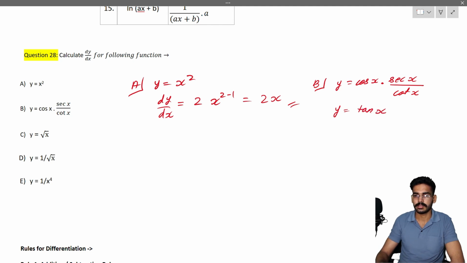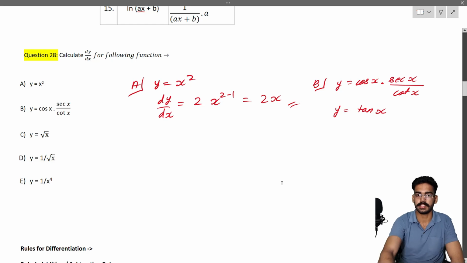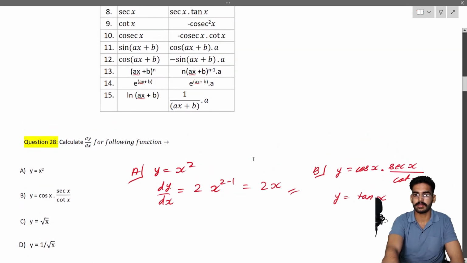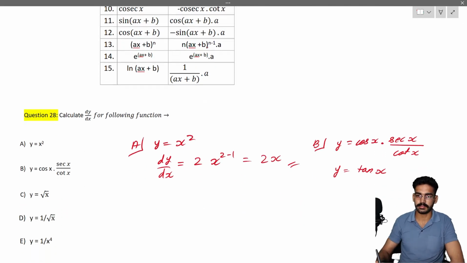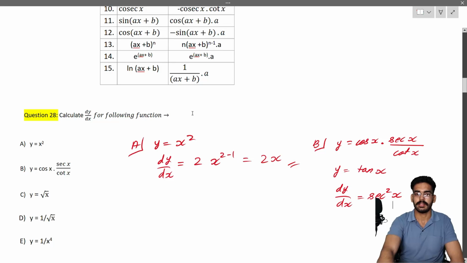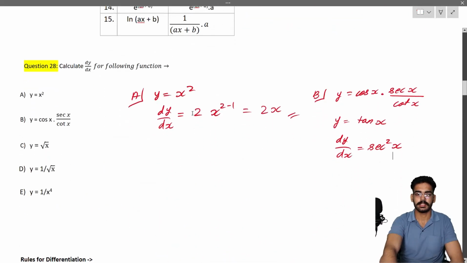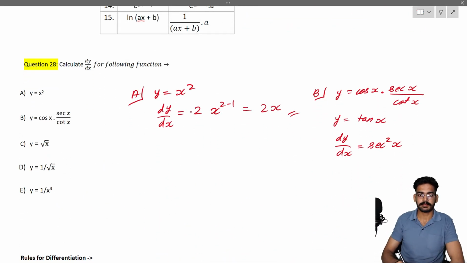So y came tan x, and now we will differentiate. You can always simplify the trigonometric ratio. Tan x differentiation is sec square x, so dy by dx is sec square x. That's why I'm saying you have to remember all the formulas given here.